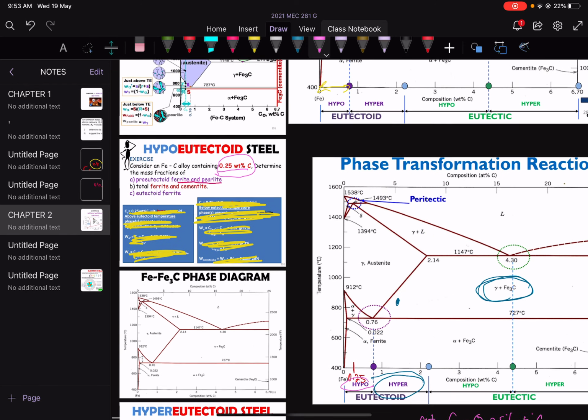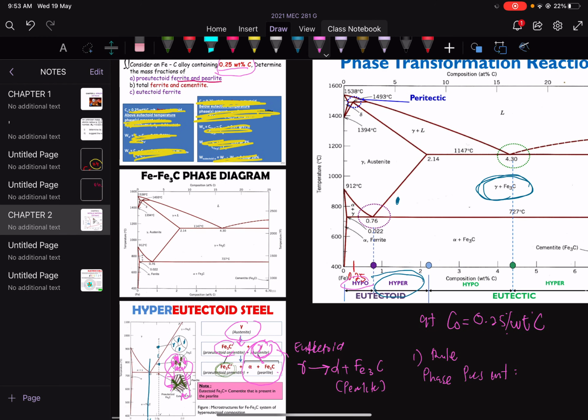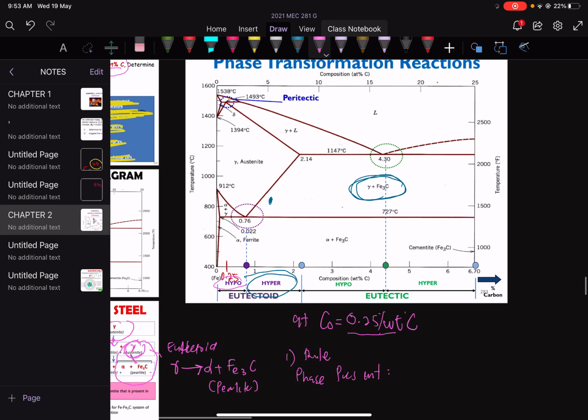So at a composition of 0.25%, it exists in hypoeutectoid. Whatever the question later on, we must refer to the hypoeutectoid region. If the question asks for the microstructure, we have to look at the hypoeutectoid.